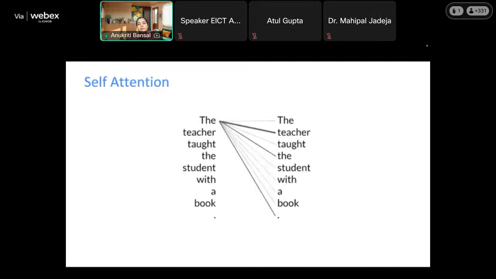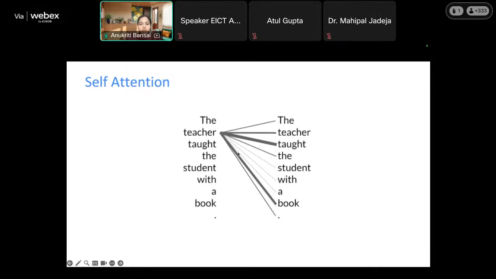This particular thing, where we try to identify the correlation of each word with respect to all other words in the sentence, is called self-attention. And this is called my attention map. Here "the" is more related to teacher and the full stop, maybe. Teacher is more related to taught, and taught is more related to book, teacher and student.